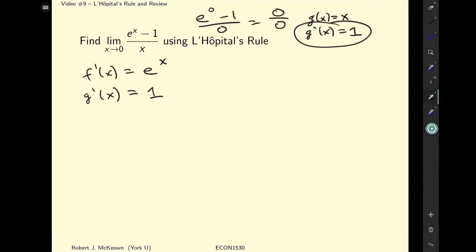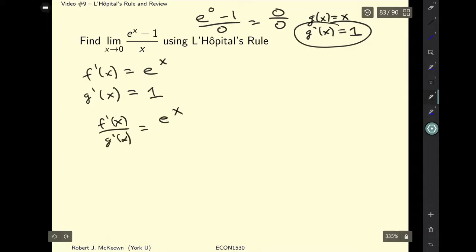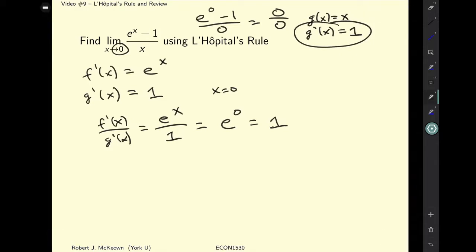And so if I want to take the limit of this thing as x approaches 0, I'm going to write f prime of x over g prime of x, e to the x over 1. That's just e to the 0, right? I want to let x equal 0. And that's just equal to 1. So the limit of this thing as x gets close to 0 is equal to 1.